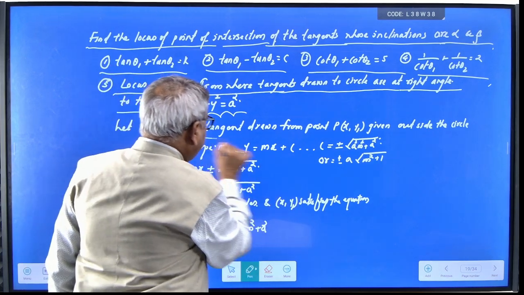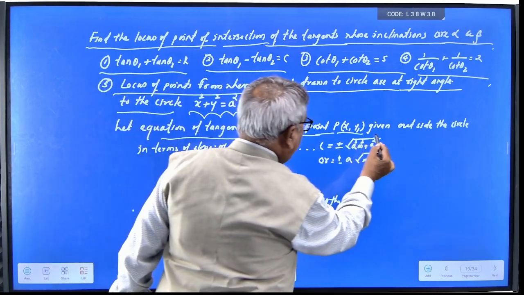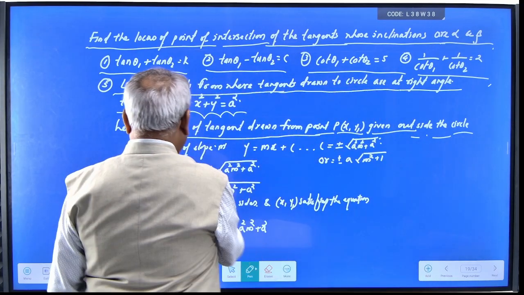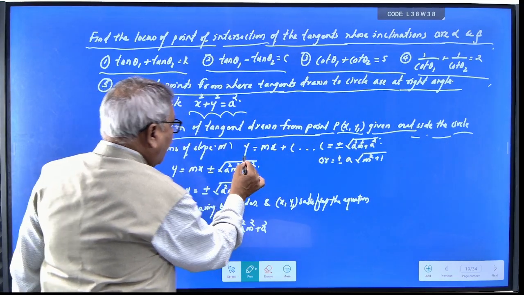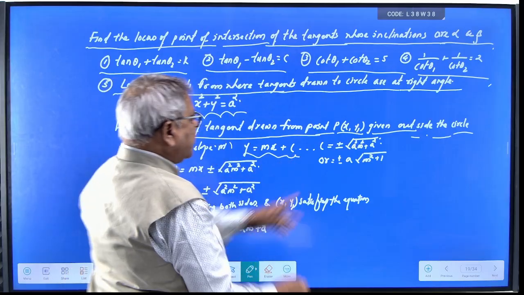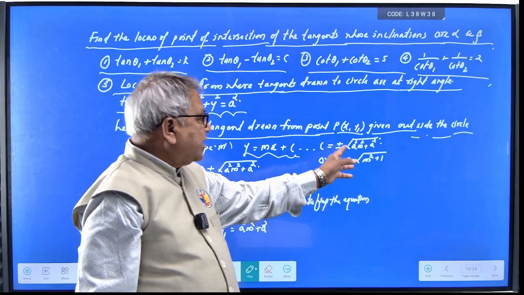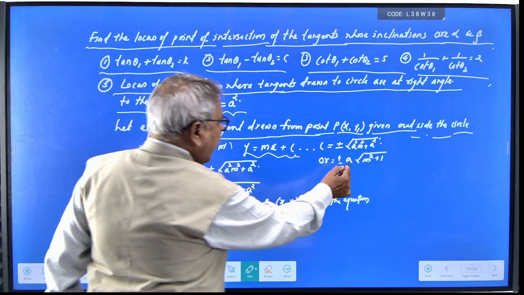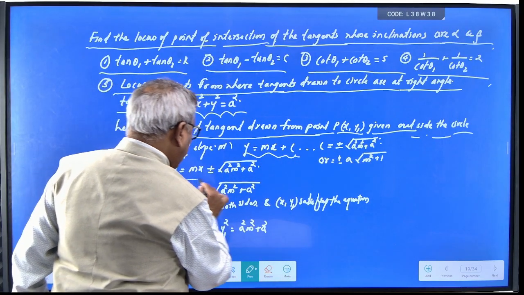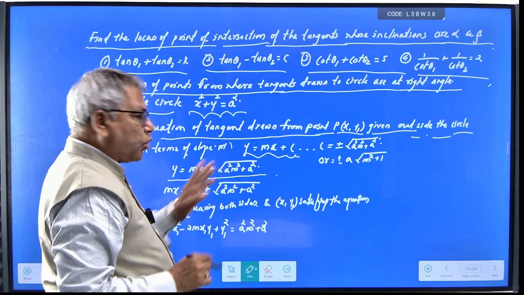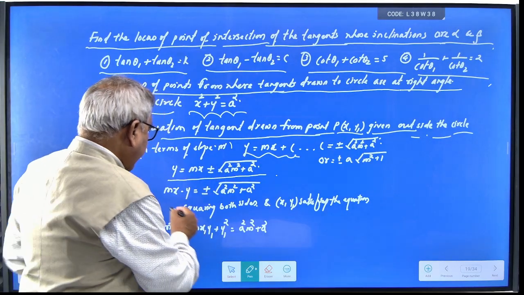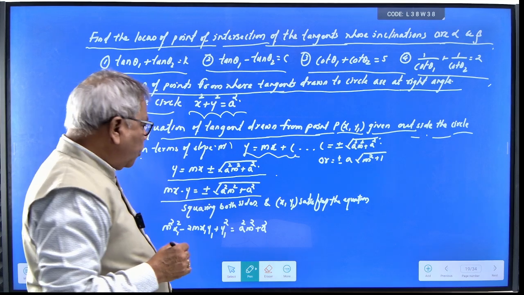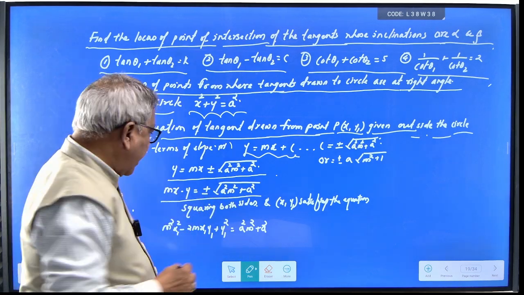Let equation of tangent drawn from point P x1 y1, given outside the circle, in terms of slope m, be y is equal to mx plus c, where c is equal to plus or minus a root of m square plus 1. Y is equal to mx plus or minus root of a square m square plus a square. That is mx minus y is equal to plus or minus root of a square m square plus a square.